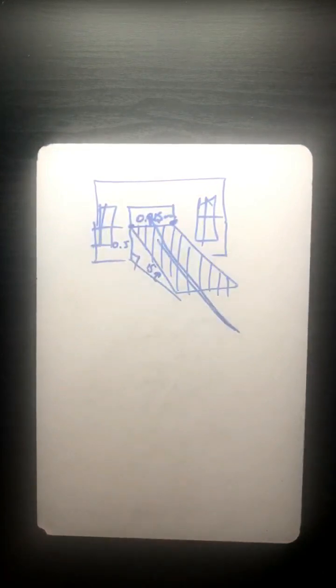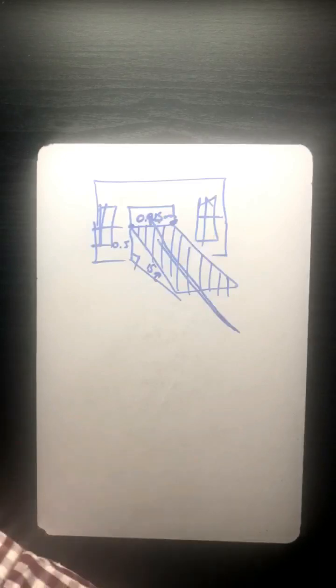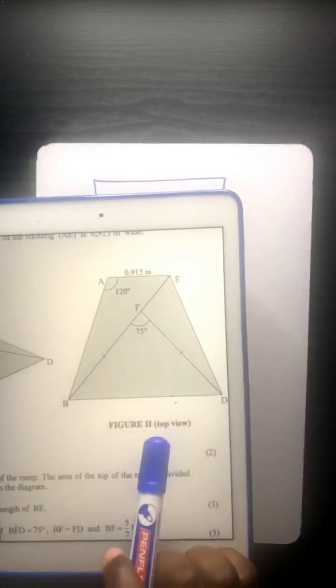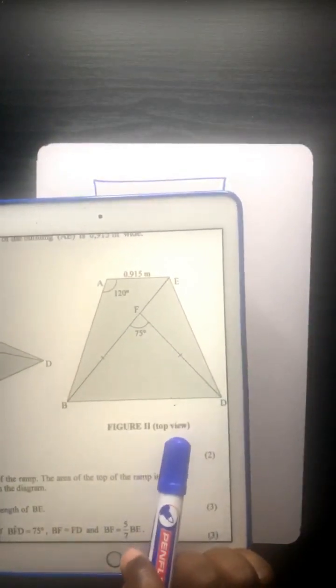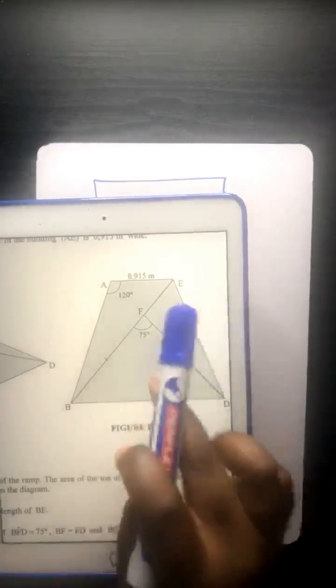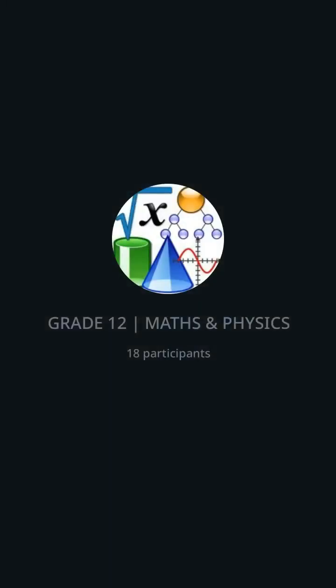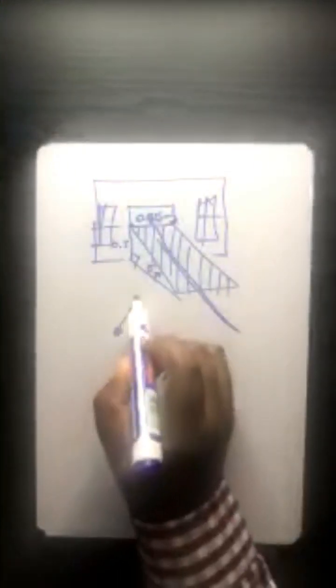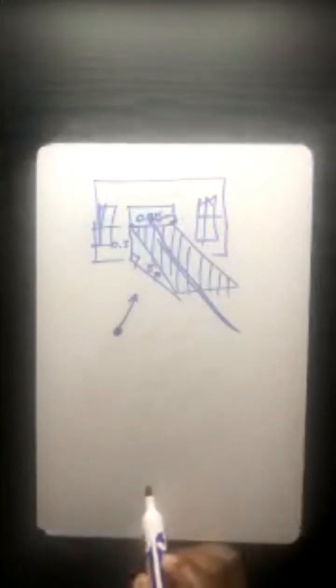I'm just not sure if you guys now have a better understanding of what's going on there. With this diagram being figure 2, it shows the top view. So you shouldn't be confused by that. With the first diagram, you are standing here and looking in that direction.